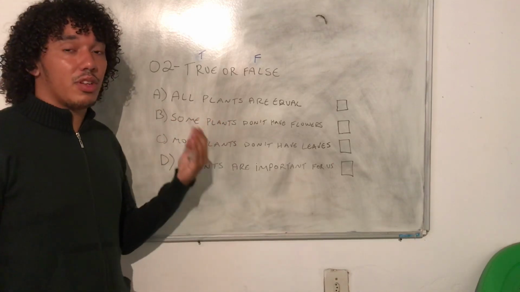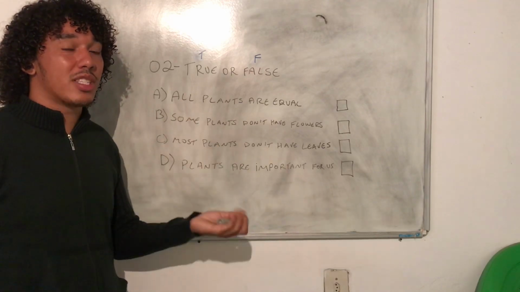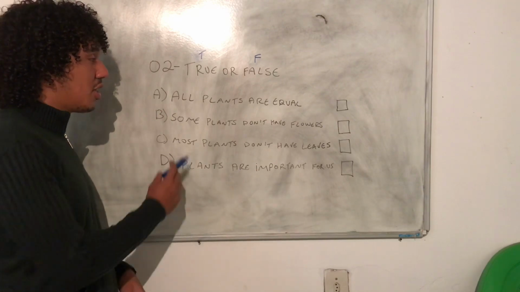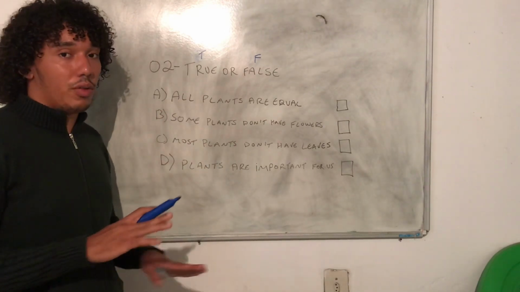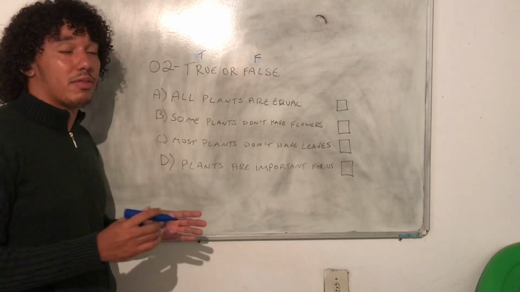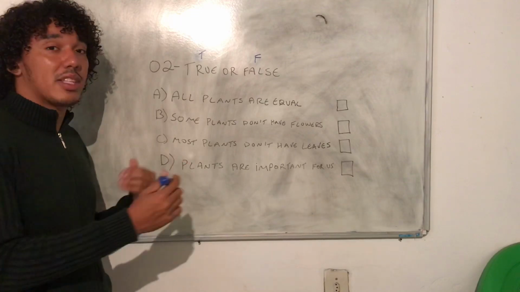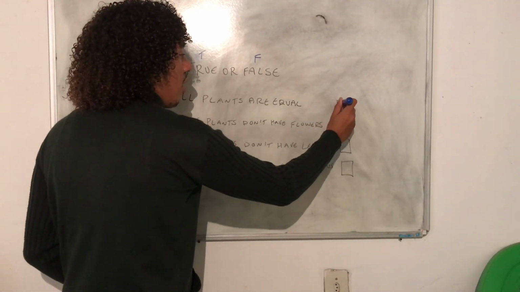Plants have some specific elements, specific parts, and specific varieties. So this information is false because not all plants are equal. We have some plants that are equal, but we have plants that are different.